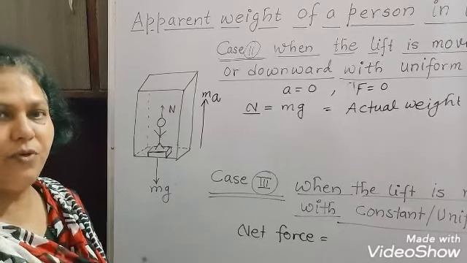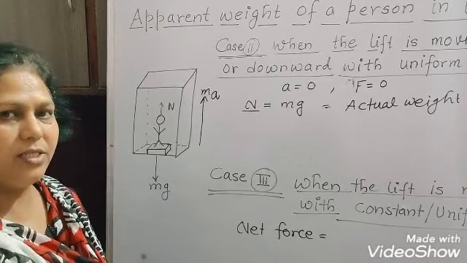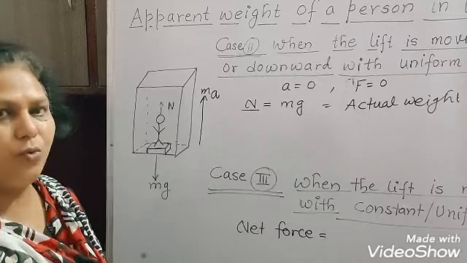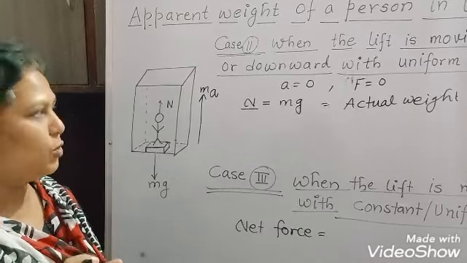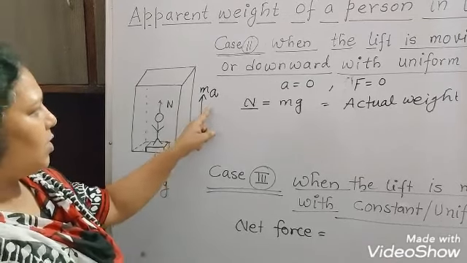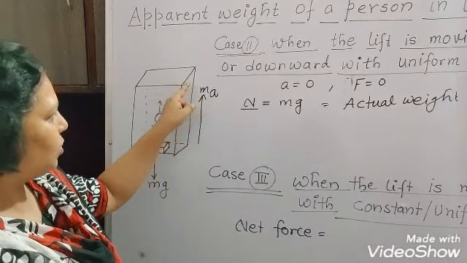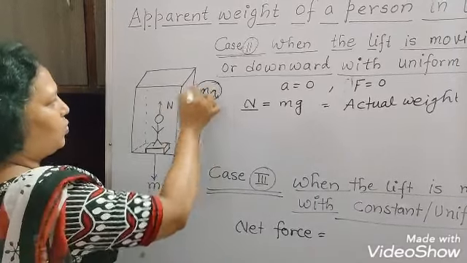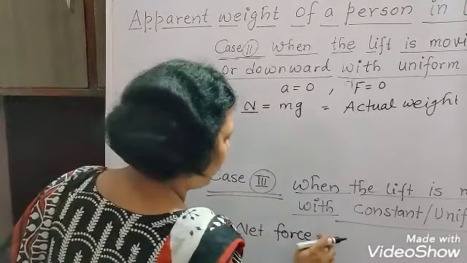When the lift is moving upward or downward with uniform velocity, there is no change in velocity, no acceleration, so the net force will be 0. That means the forces will be balanced. And now if it is moving with constant acceleration a in the upward direction, the net force is equal to ma.